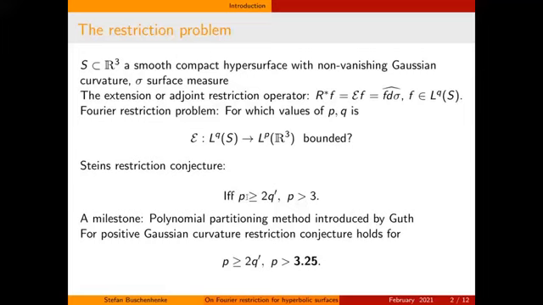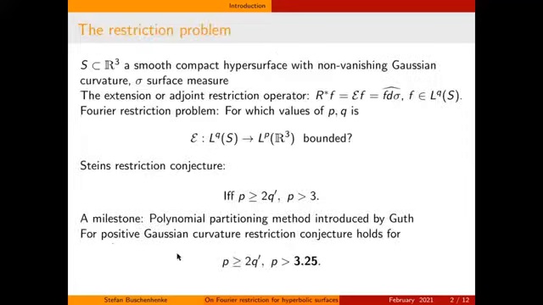This allows to verify the conjecture in the range P bigger or equal to 2Q prime if P is bigger than 3.25. There was some improvement by Hong Wang, but we will use the basic polynomial partitioning method, which was introduced by Guth. So we also get a result in this range.